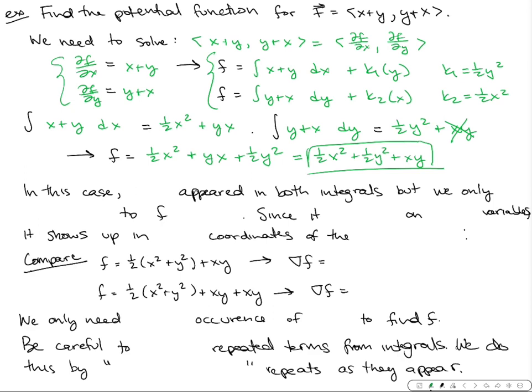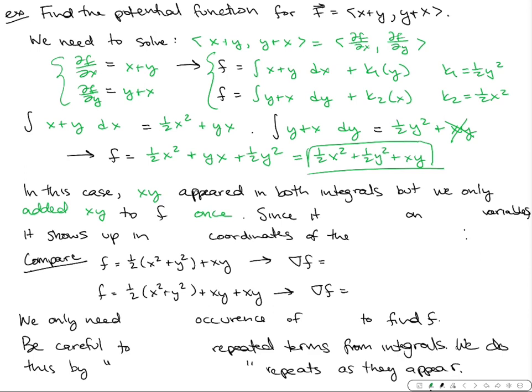The way this case differed from what we did previously is that in this example we had xy show up in both integrals, but we only added xy to f once. So when we took our integrals, we found 2 occurrences of xy, but we only use it the first time we find it.